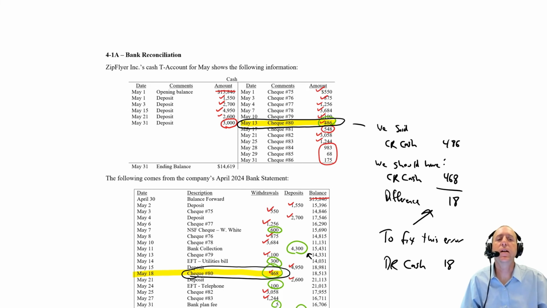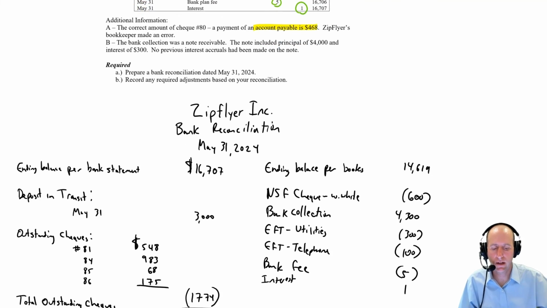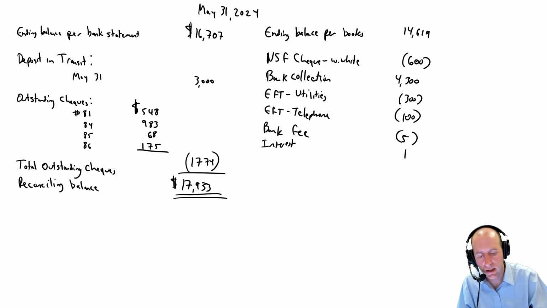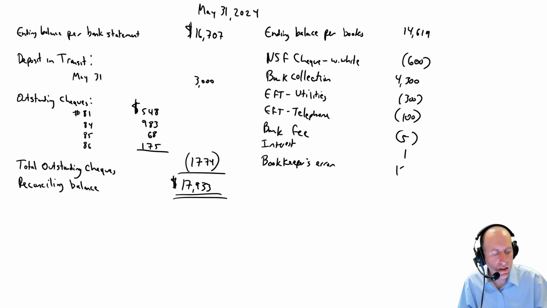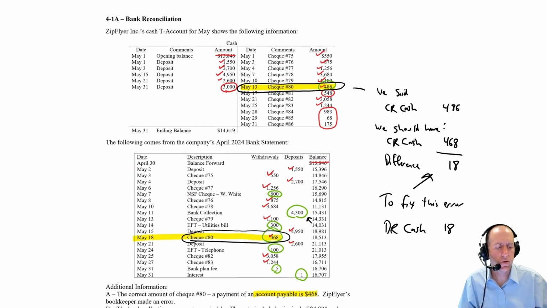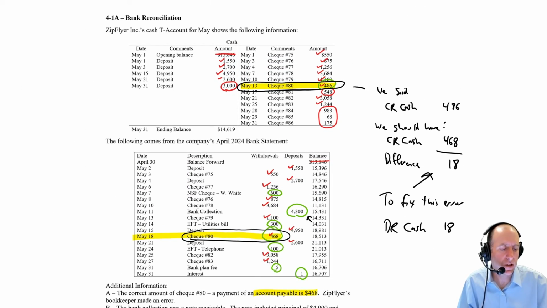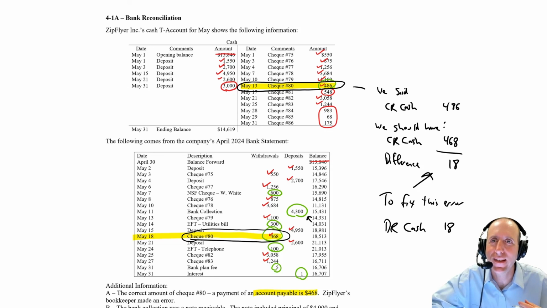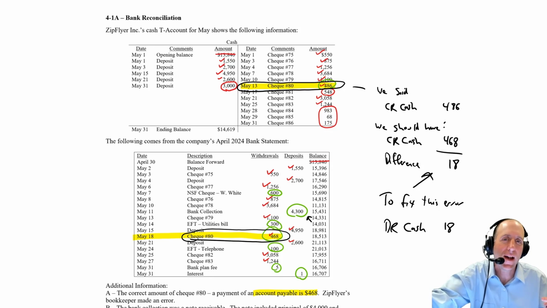So I need to increase my cash by $18. So heading down to here, what we would say is to fix the bookkeeper's error, our cash needs to go up by $18. I need to add $18 to my cash. So again, this is going to be a confusing concept, but basically all we're saying is I took too much money away. Now I got to put money back into cash because it's just an error on the bookkeeper's part. Putting money back in is a debit to cash.